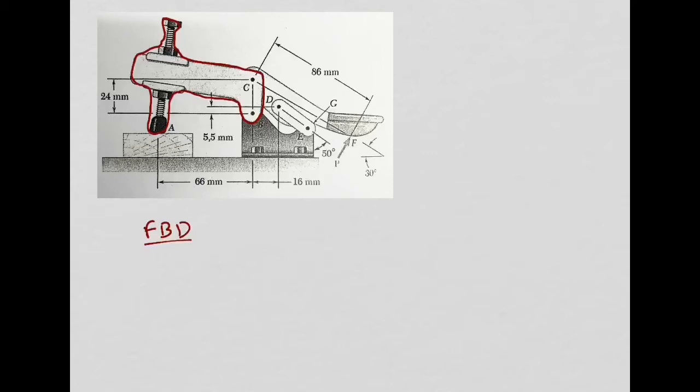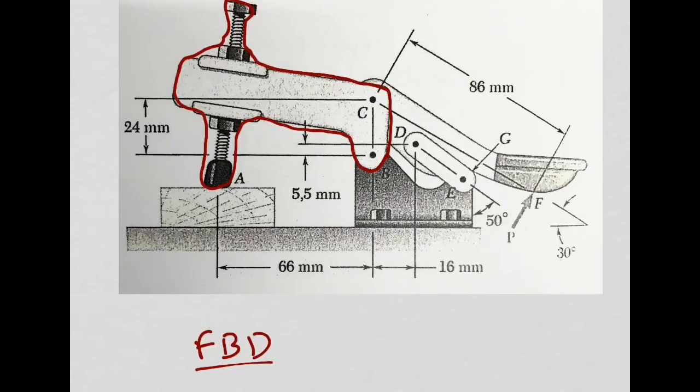So I need to break up the connections of this part with the rest of the entire system. For example, if I look at point A, I know that I have a force of 1.2 kilonewtons applied at point A. So I need to keep this force, 1.2 kilonewtons.